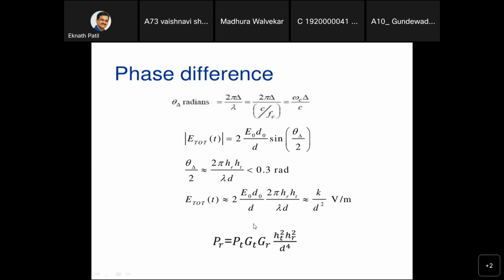So what they did: the received power is assumed to be PR equal to PT GT GR HT square into HR square divided by D raised to 4.